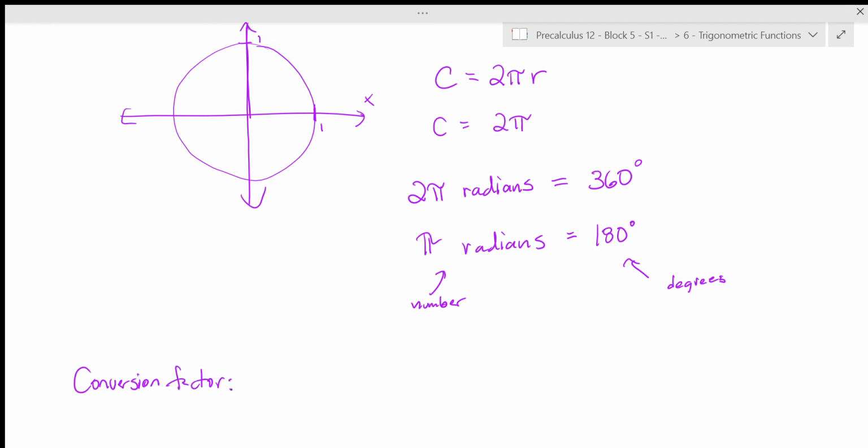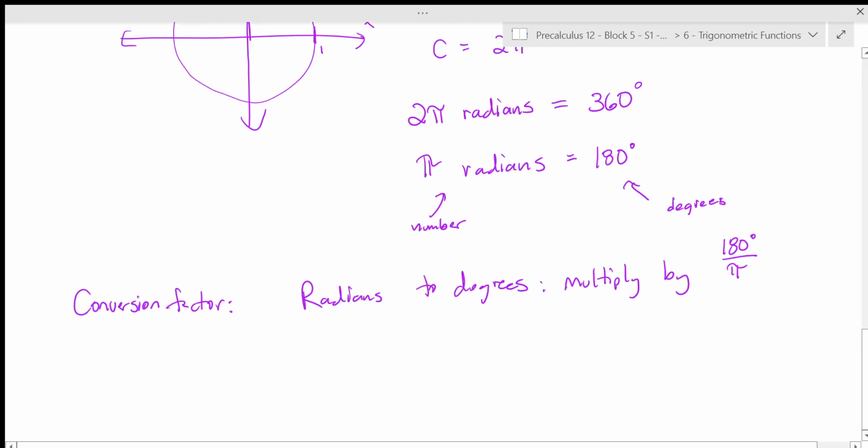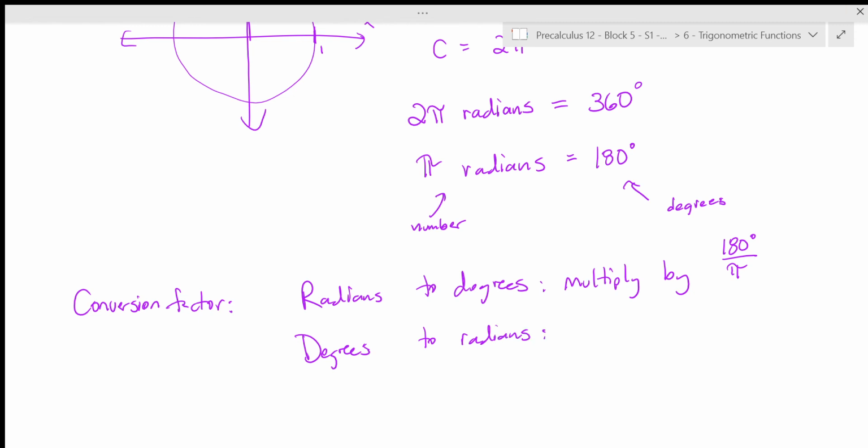So if you want to go from radians to degrees, we're going to multiply by 180 degrees over pi. And if we want to go from degrees to radians, you're going to multiply by pi over 180.